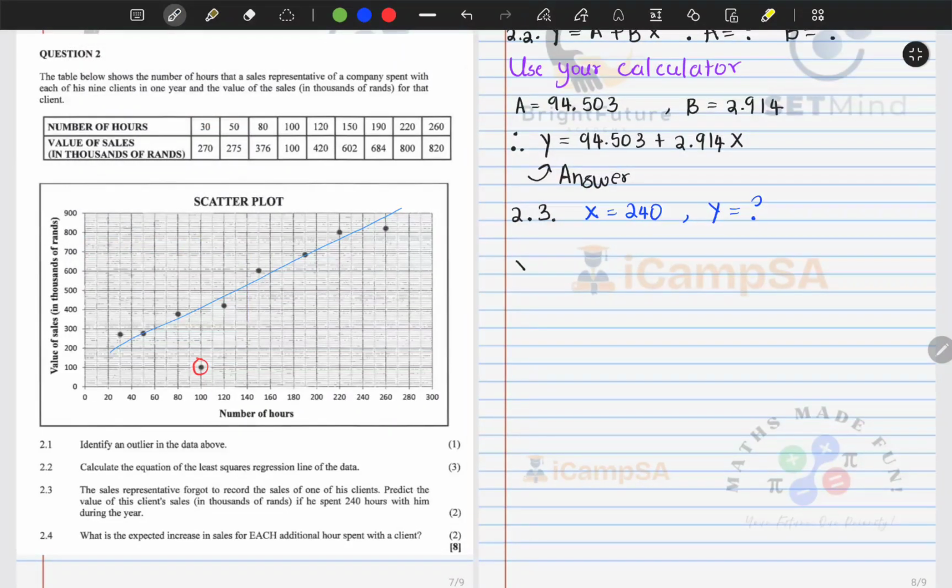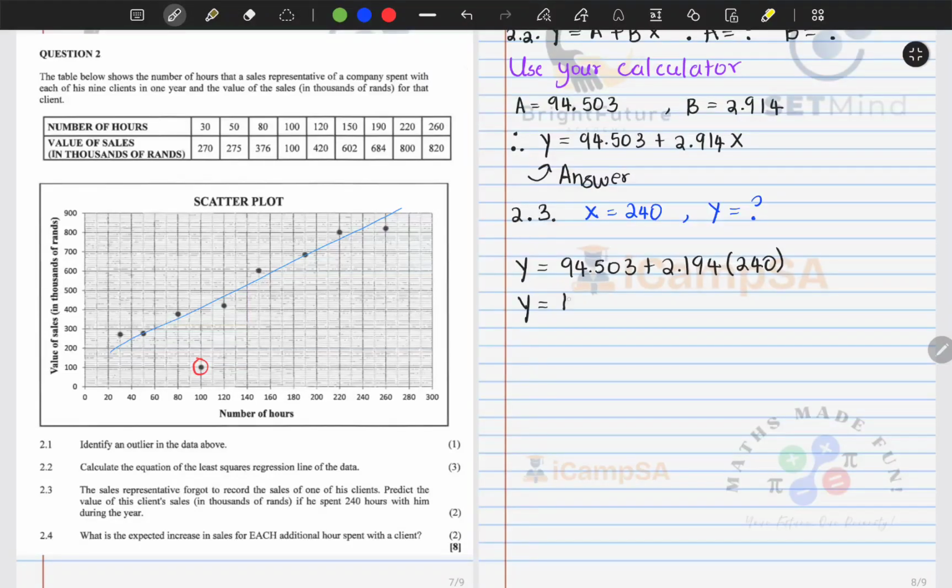So what I'm going to do is to just use the equation. So we have 94.503 plus 2.194 into 240. Okay. So y will be equal to, let's go ahead, 94.503 plus 2.194 into 240.